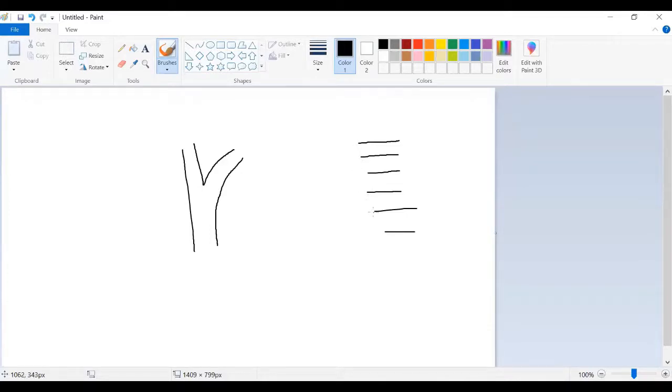But what happens if there is a condition to make a decision whether the next instruction will be executed or not? Suppose this is one road. There are two ways to reach this main road.